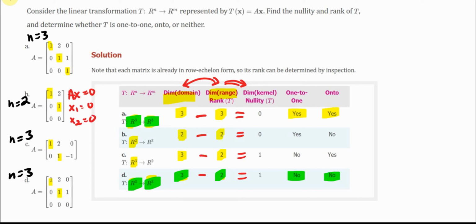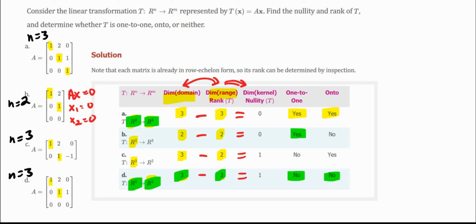Yes, you will. So here we get the 0 vector for the null space, AX equal to 0. So that's why this particular matrix is indeed one-to-one.